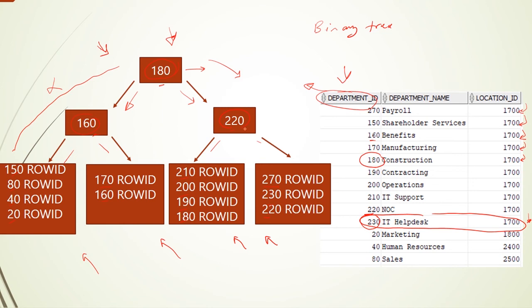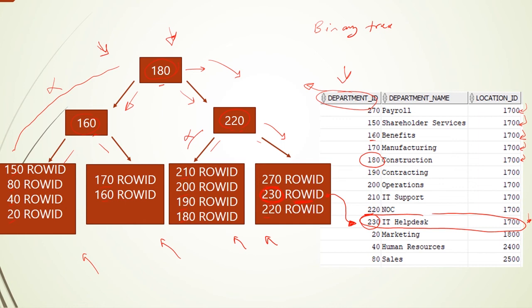Is 230 smaller than 220 or greater than 220? It's greater than 220, so don't go to this branch. Go to this branch. So here, this is my department ID 220, and here this is the row ID. The row ID is just a pointer to the record. So it just takes the address and accesses the record directly without scanning the table to find your record.